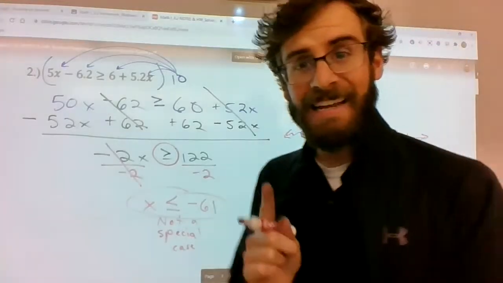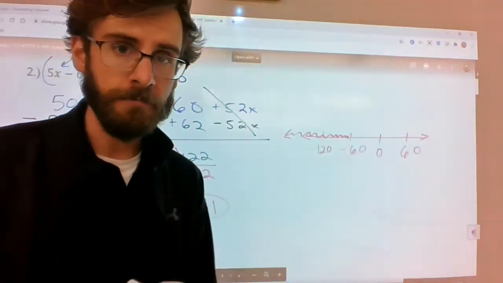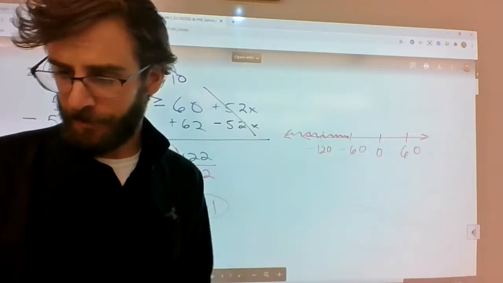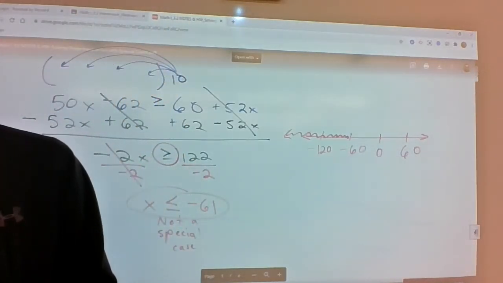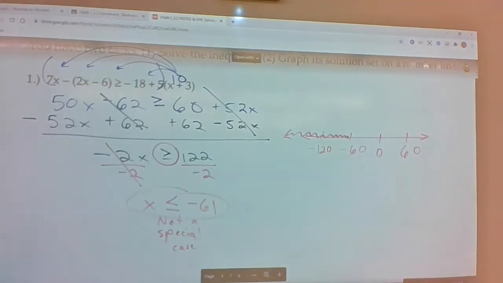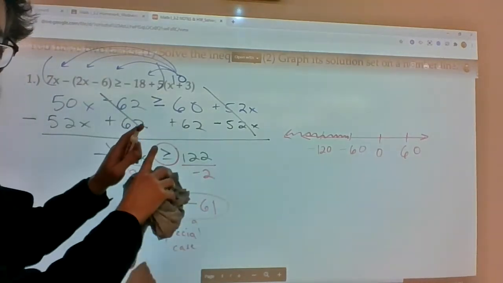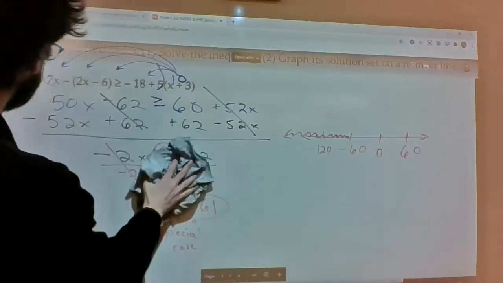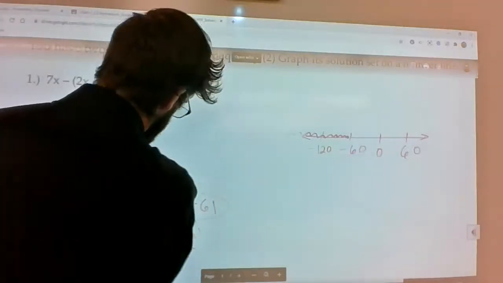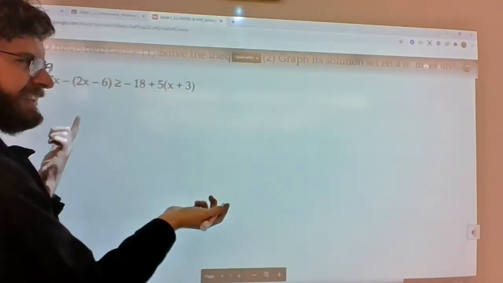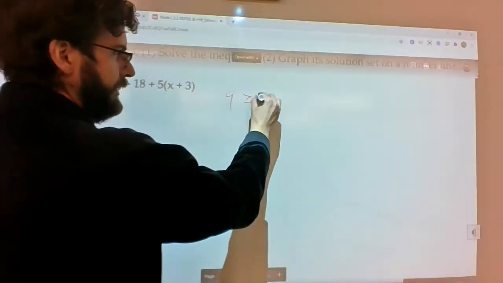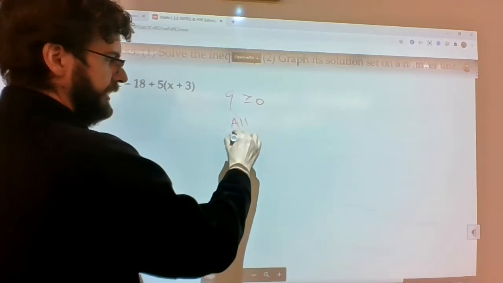By the way, I never graphed number 1. How do you graph all real numbers? Let me scroll back up really quick. So number 2 is completely finished. Back to number 1. We had something like 9 is greater than or equal to 0, and we said all real numbers.